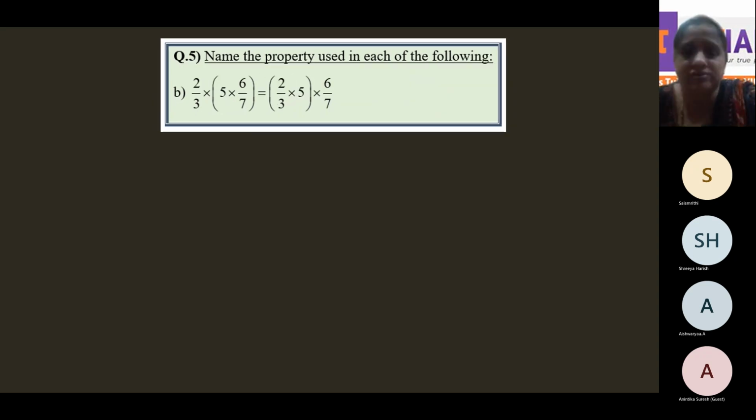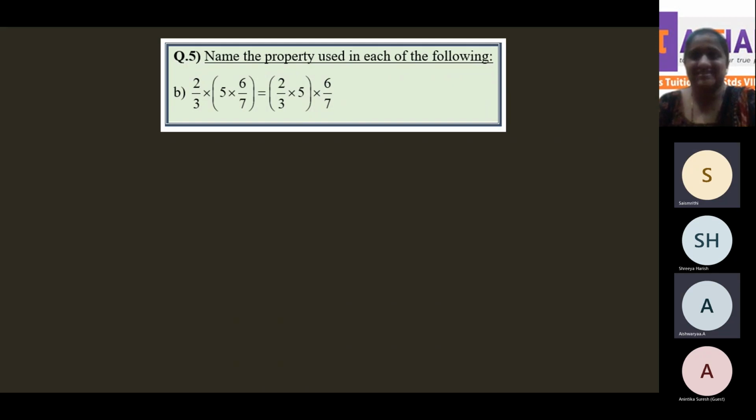Yes, somebody else try this. Quickly, children. Ma'am, Anantika. Commutative property. Ma'am, may I try? Ma'am, I think associative property of multiplication. Very good.